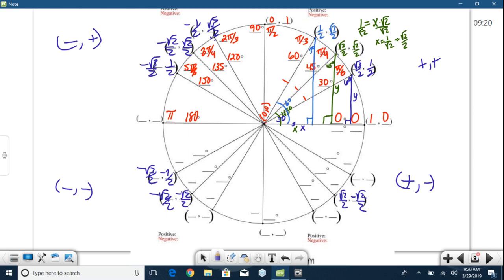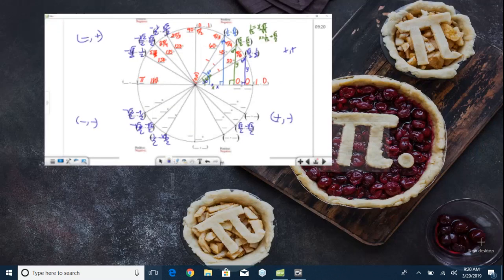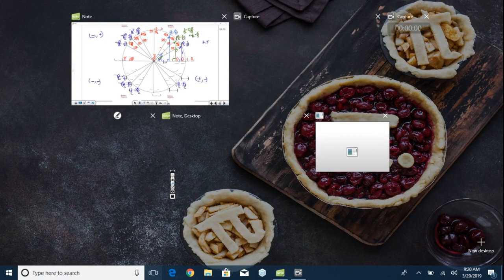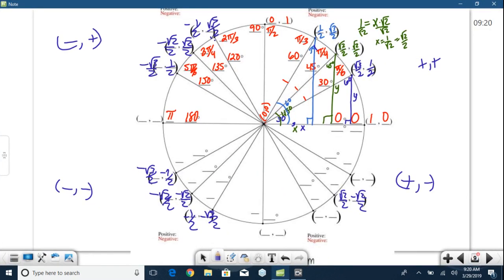Okay? So the next one, this one, oh Lord. This one right here is 1/2, negative 1/2, negative radical 3/2. And what are all the denominators? 2. All the denominators are 2.